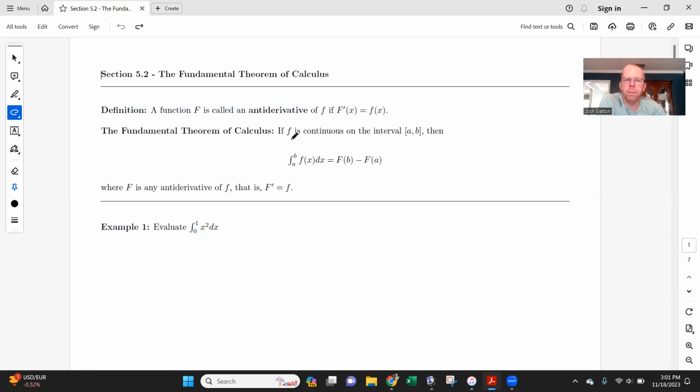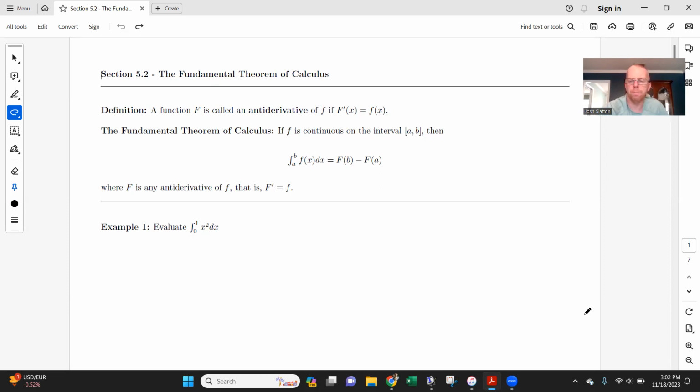So the fundamental theorem of calculus says if a function is continuous on a closed interval a to b, then the integral from a to b of little f of x, we'll let capital F of x be the antiderivative of f of x, and capital F of b minus capital F of a is going to be that definite integral. And so that will give us the area under this little f of x curve.